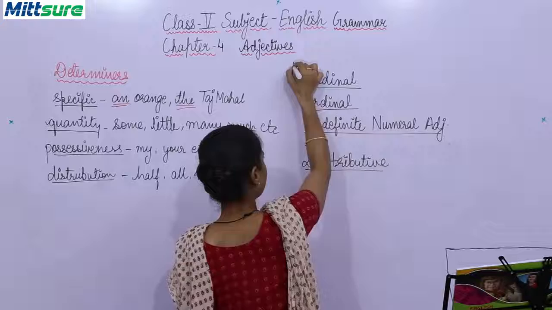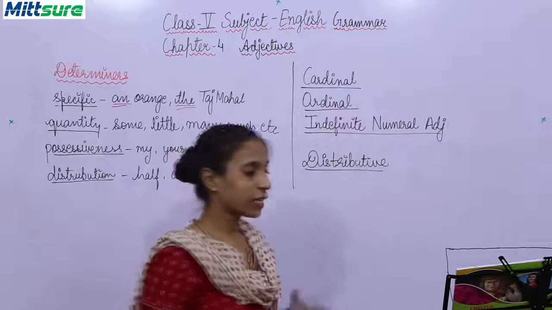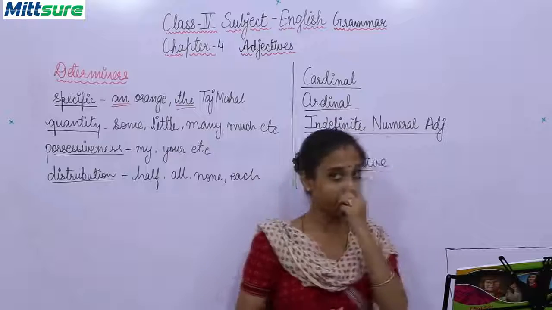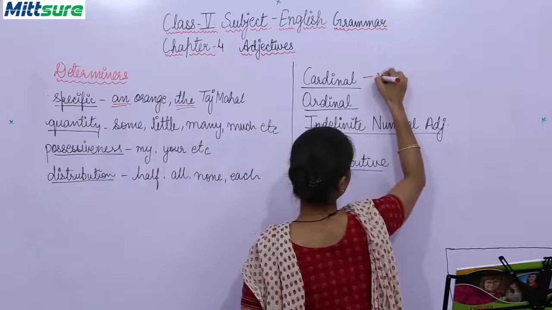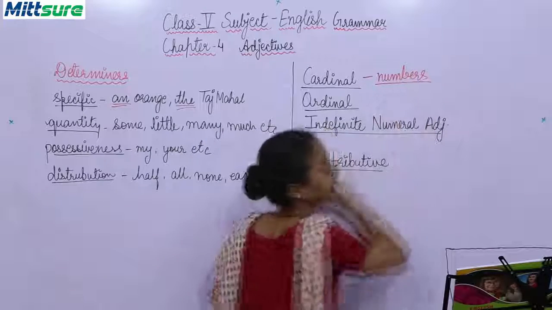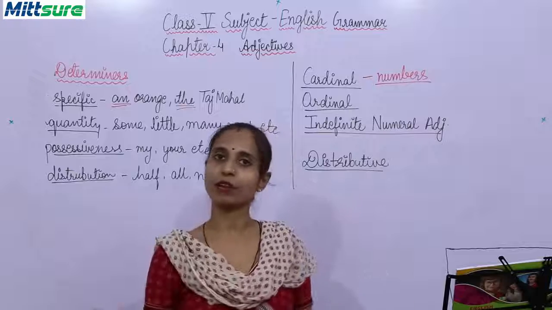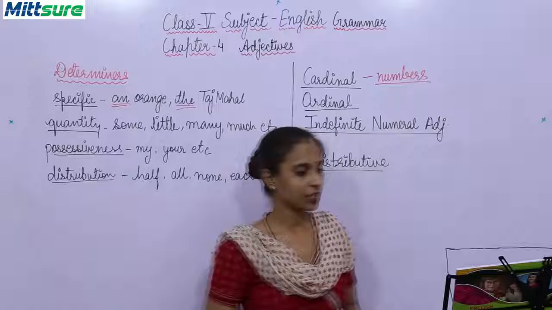Now what are these kinds of adjectives? Cardinal adjectives when we talk about numbers. Simple 1, 2, 3, 4, 5, 6. These are known as cardinal adjectives.